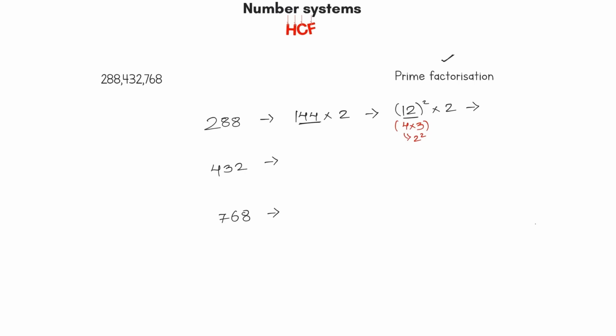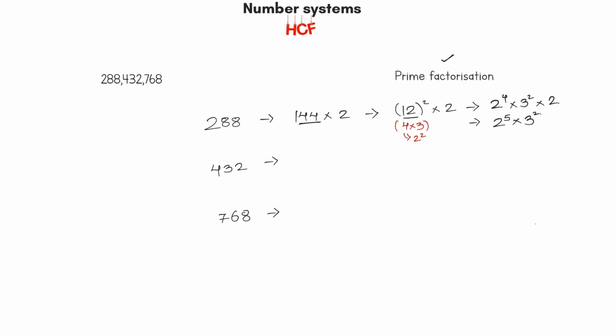So this turns out to be 2 square raised to 2, which means 2 raised to 4 into 3 raised to 2 into 2. Finally, summarizing, this is 2 raised to 5 into 3 raised to 2. That's what I get for 288.